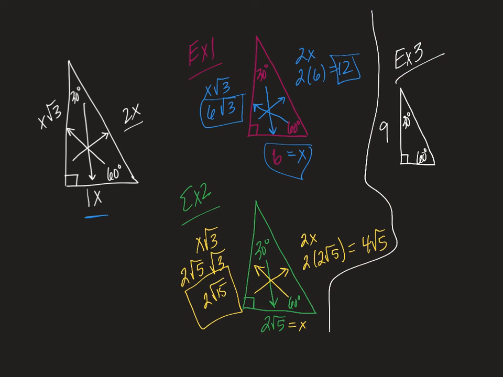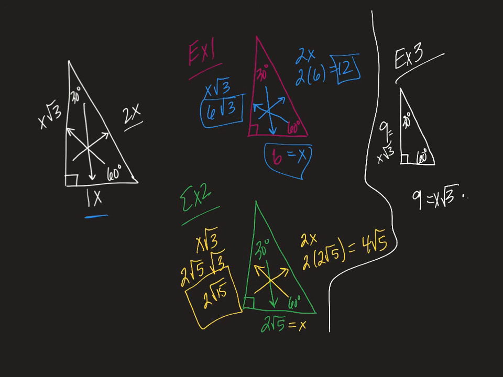Okay, so now the side across from 60 is given to me, and it's given to me as a whole number, which makes it a little bit tougher of a problem. I do remember that 9 is going to be equal to x radical 3. So I'm going to set that equation up over here. 9 is equal to x radical 3. Now, just like the other one, I know if I multiply both sides by radical 3, it's going to get rid of the radical on the right side.